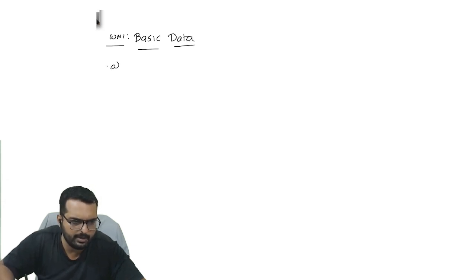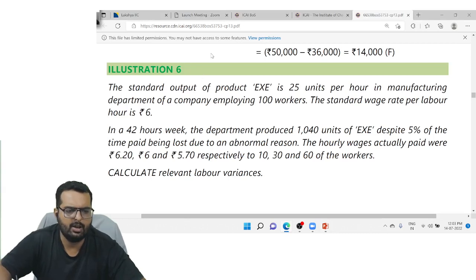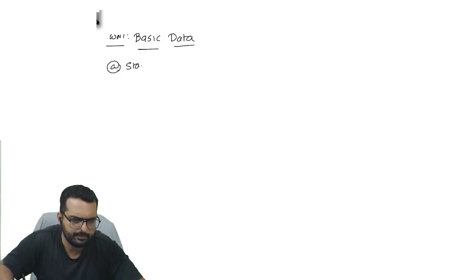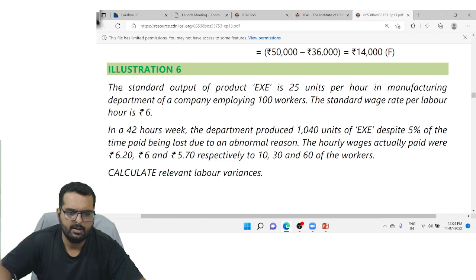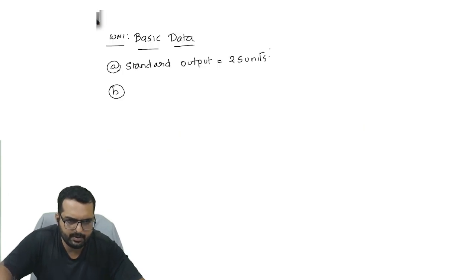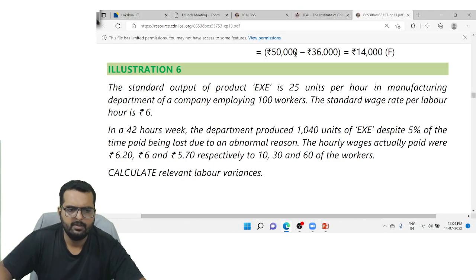Working note number one, basic data, right? So now, in the basic data, they have given the product X is 25 units, standard output. Standard output is 25 units per hour, okay?